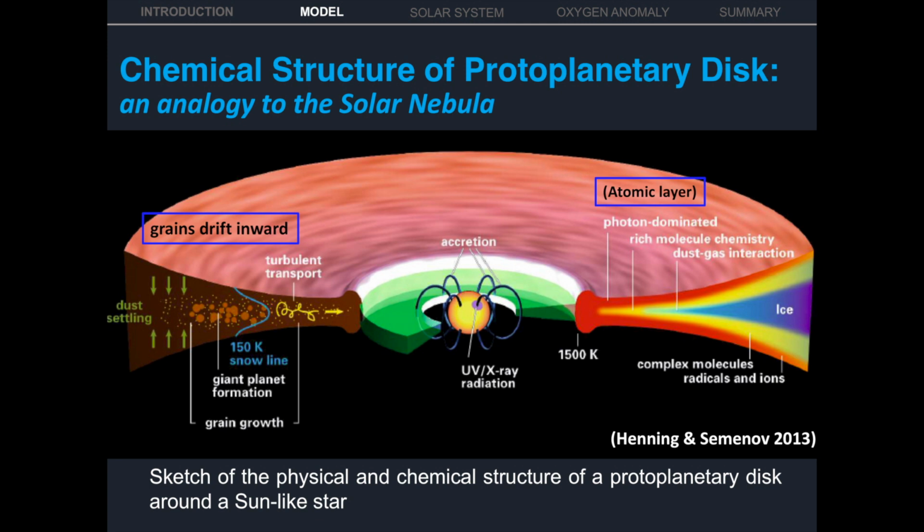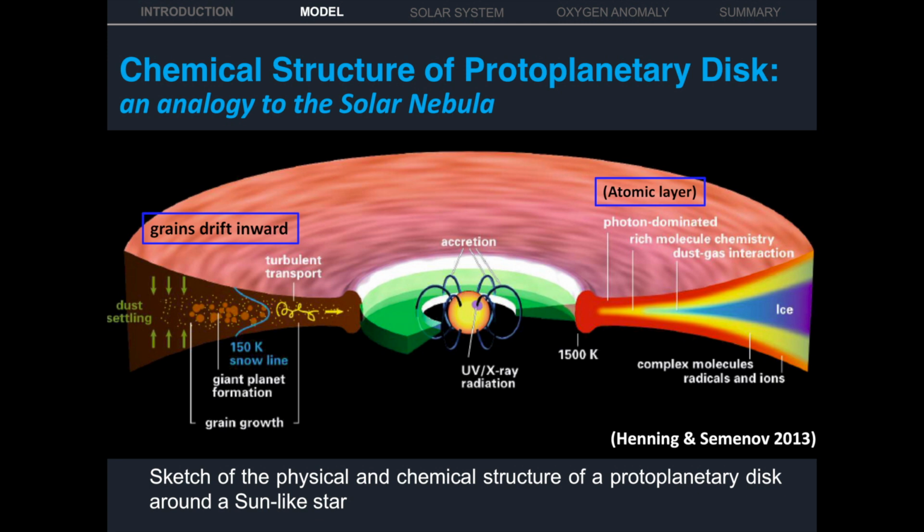So in the disk midplane, most molecules are frozen on grain surfaces as ice. However, in the hot surfaces, molecules are dissociated into atoms by high energy UV photons.